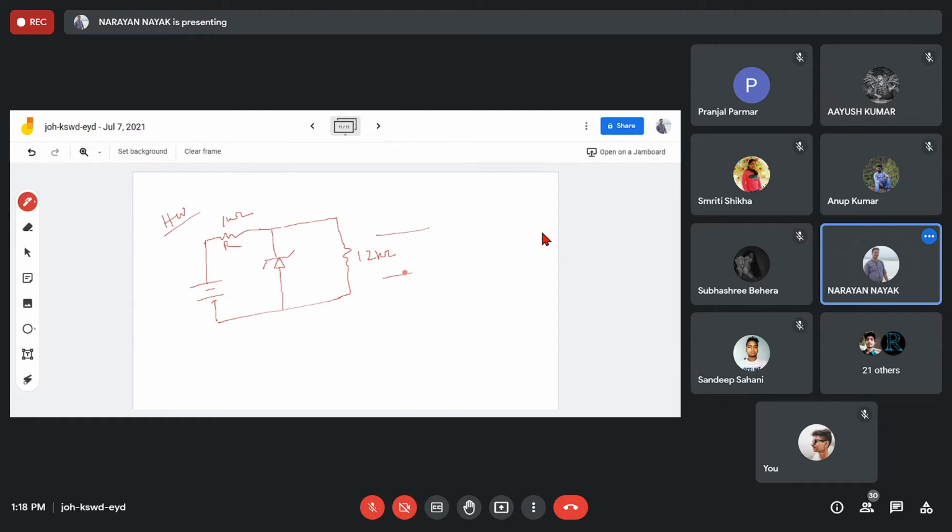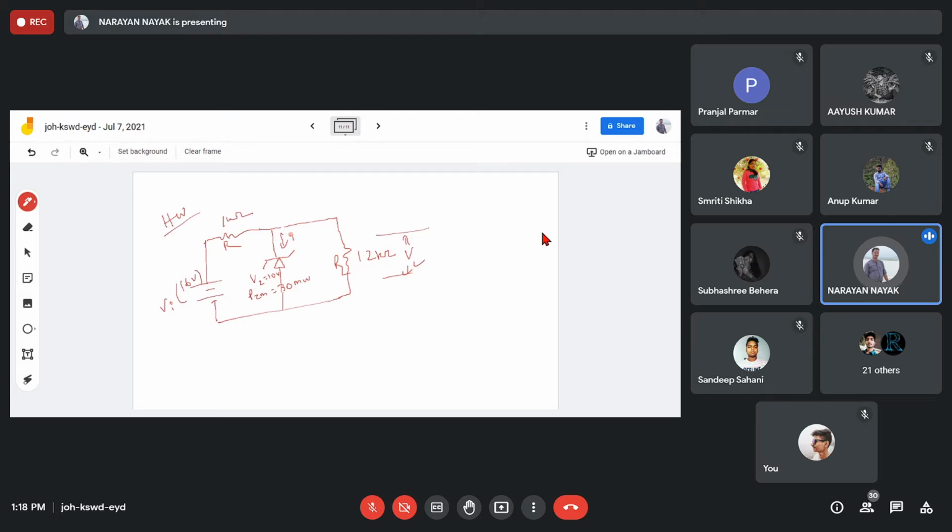The Zener voltage is given as 10 volt, and the power PZM is about 30 milliwatt. The input voltage is 16 volt. This is your load resistance, and you have to calculate VL.